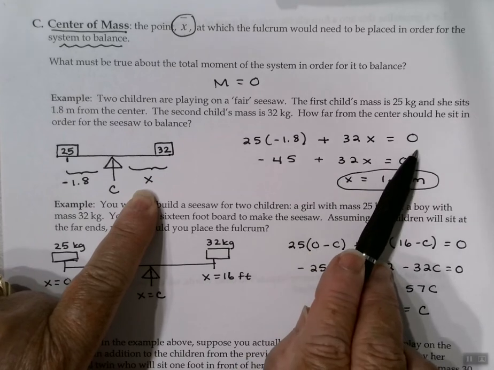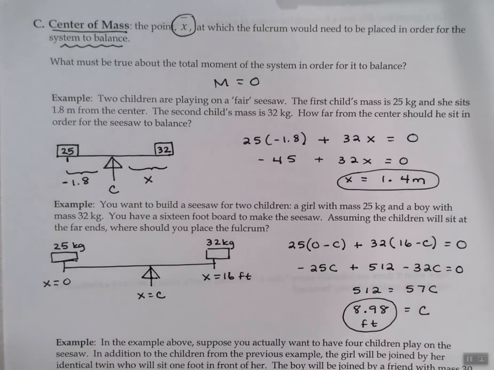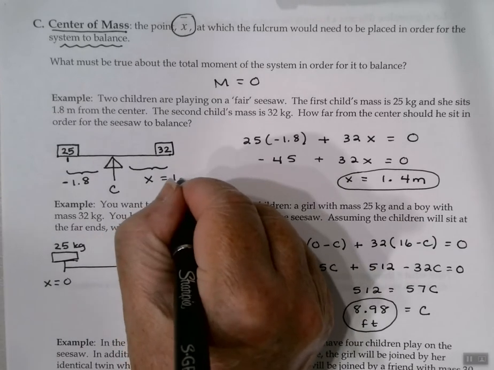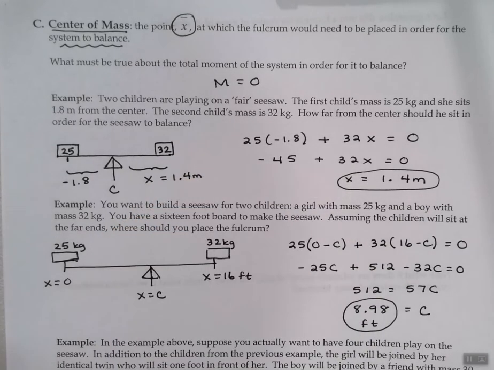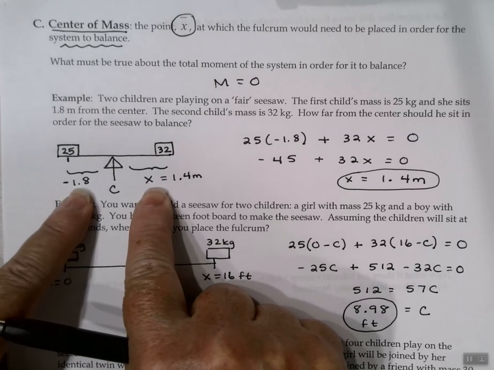And that's got to sum up to a moment of 0. Did my little algebra here, and it turns out that the boy needs to sit 1.4 meters from the center. Notice because he's heavier, his distance from the fulcrum is less than hers.